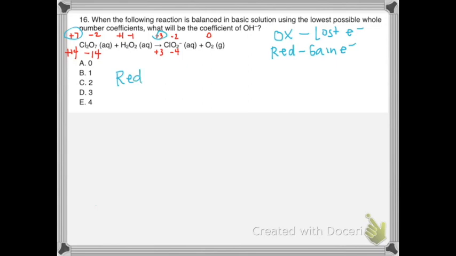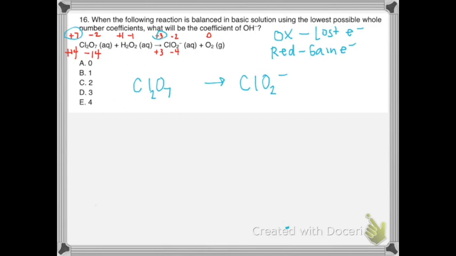So we can write a half reaction where we have the Cl2O7 becoming this ClO2-.